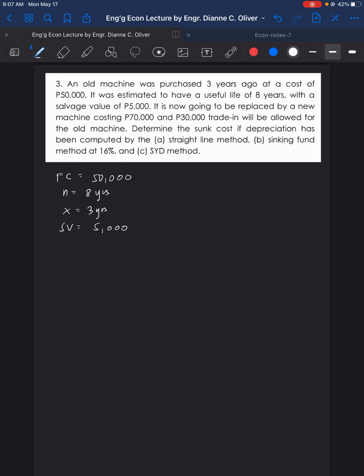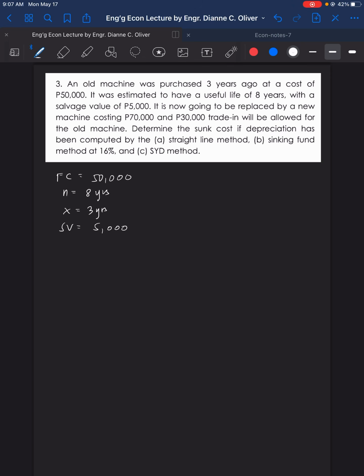It is now going to be replaced by a brand new machine costing 70,000 and 30,000 trade-in will be allowed for the old machine. Trade-in, that means that is the resale value.